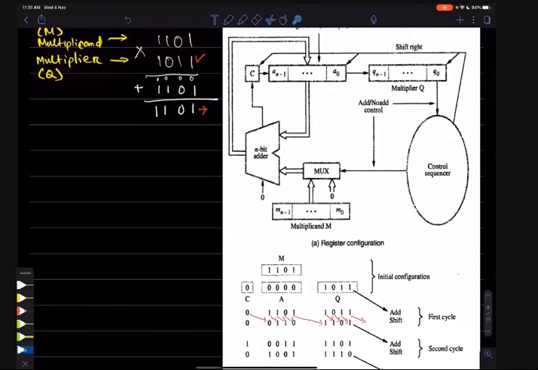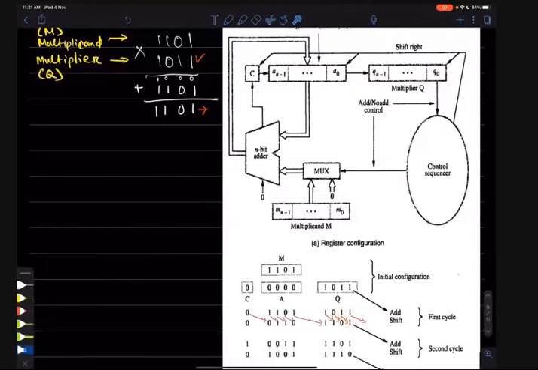Understood? So the next bit needed is this part. After shifting, this bit becomes the LSB bit in Q. So now the Q0 value is this bit.